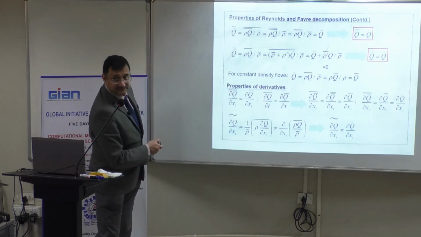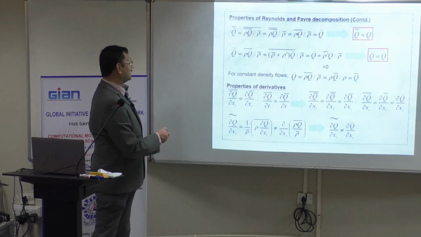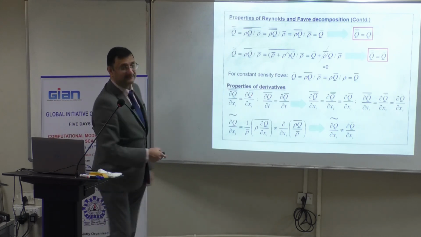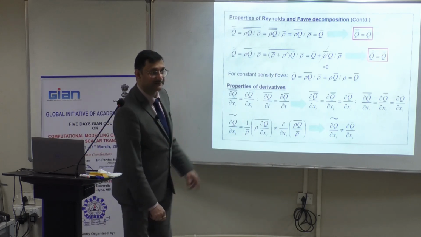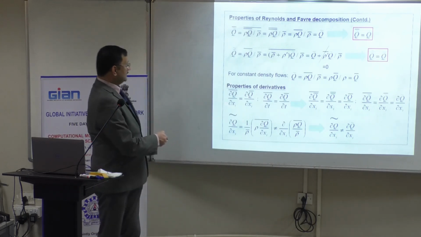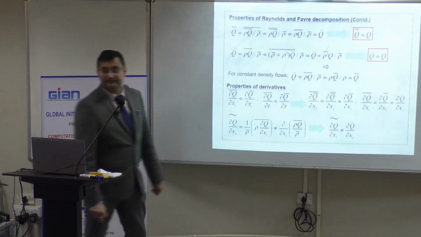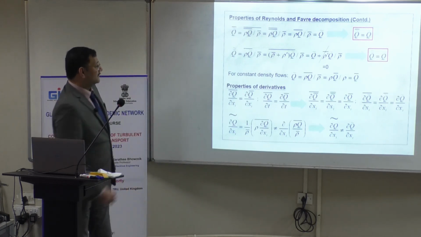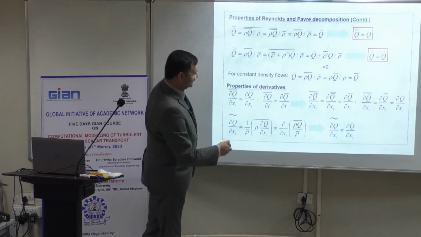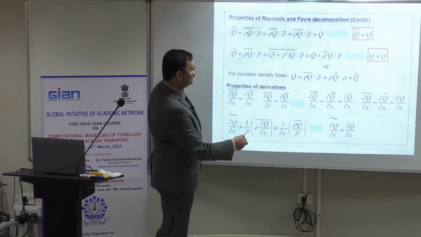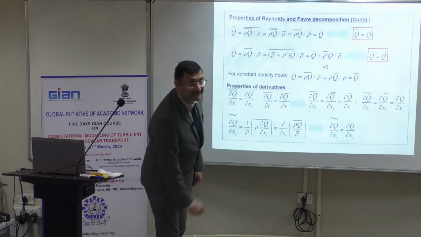taking derivative and mean of that, and derivative of the mean, they commute from the Reynolds averaging perspective. It commutes with respect to space as well as time. If I do this, essentially it boils down to this, because average of average is exactly the same.